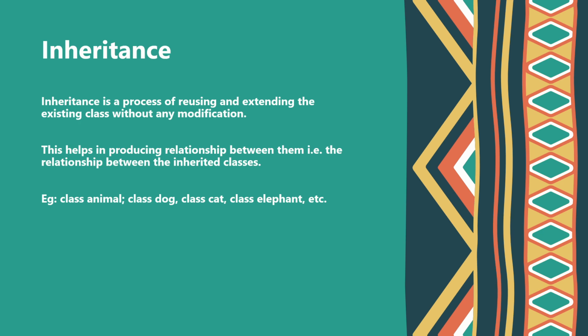Under that class, I'll be deriving some more subclasses as class dog, class cat, and class elephant. So dog, cat, and elephant are subclasses or derived classes from the main class animal. It means that these dog, cat, and elephant have derived some of the properties of that animal, not all. Okay, that is known as inheritance.